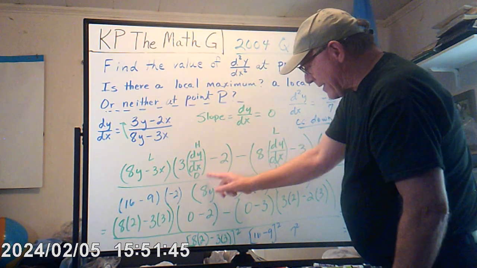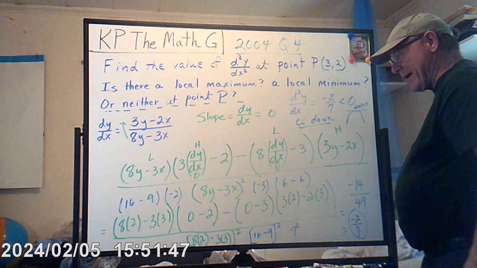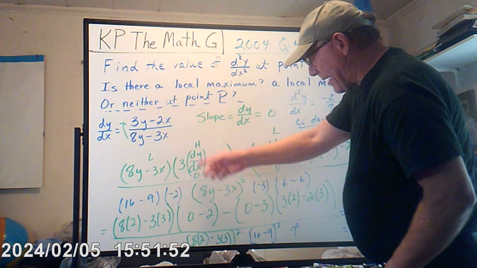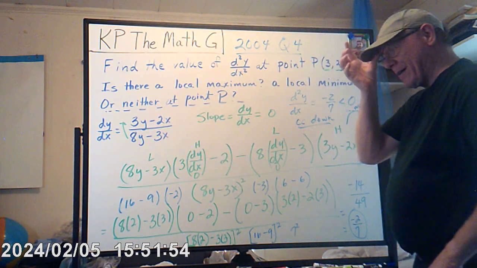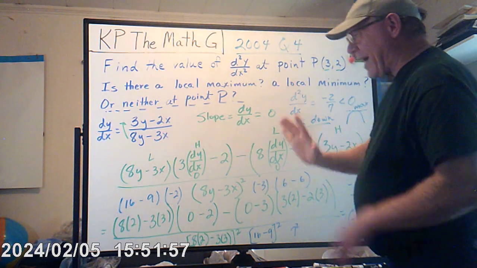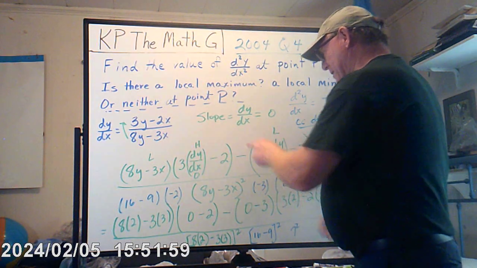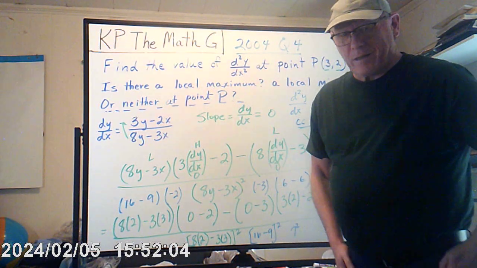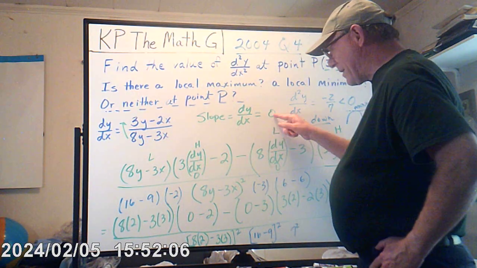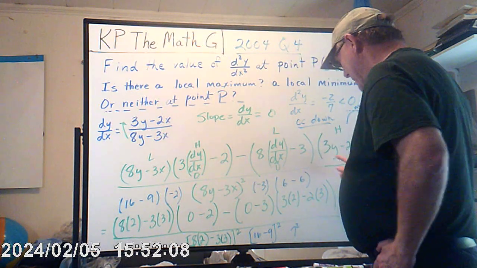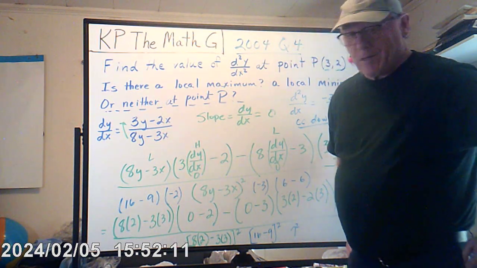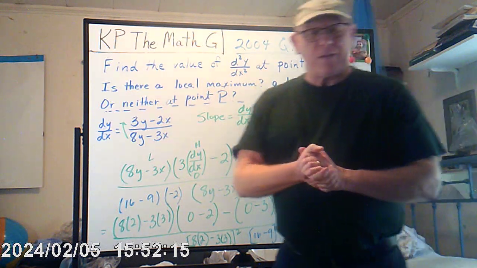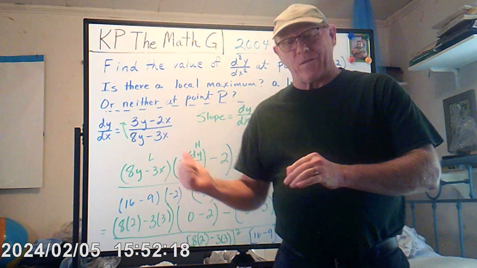And at the same time, when you differentiate y, you tack on that dy/dx there. And understand from the last problem that the slope was 0. So we did have this slope being 0, and that helped to understand this. Hopefully that does help you to understand this. Alright, that's everything I need to discuss on this.